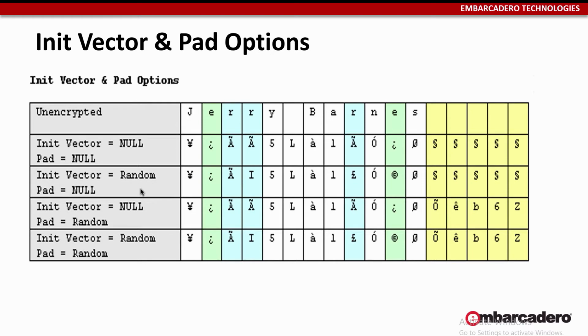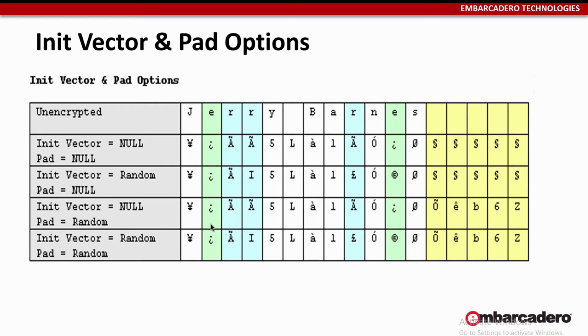For the second case, we set init vector to be random, and we have padding equals null. Now notice everywhere there is an R, we have a unique encryption, and everywhere there is an E, we have a unique encryption. And because pad is still set to null, we still have the same encryption for all of the padding. For the third case, we set init vector to be null and we set pad to be random.